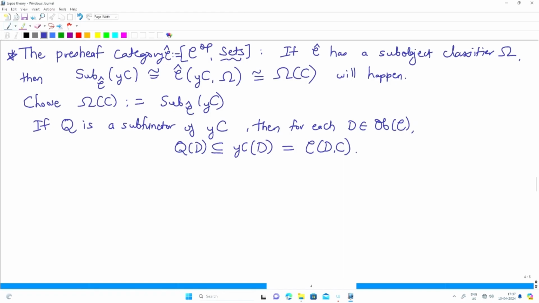You understand this? So omega C is the collection of Q such that Q is a subfunctor of Yc.